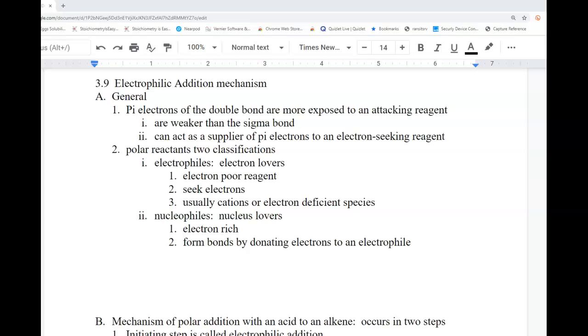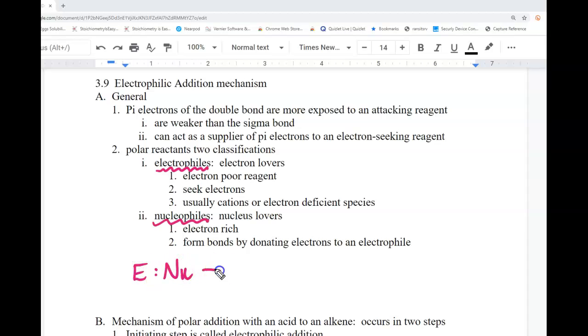So we have two types of terminology. The first is the electrophile, and the second is the nucleophile. You're going to see these referred to a lot. You have an asymmetric reagent, and it is made of the electrophile part bonded to the nucleophile part.